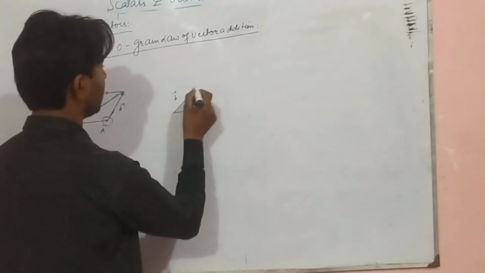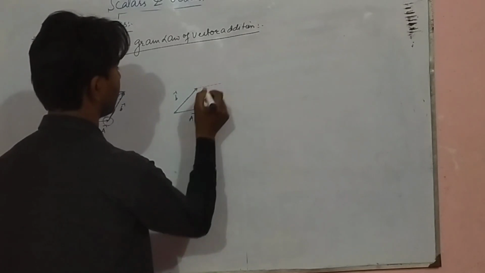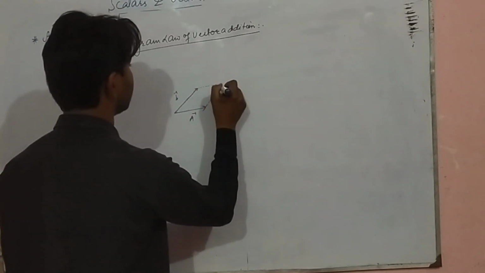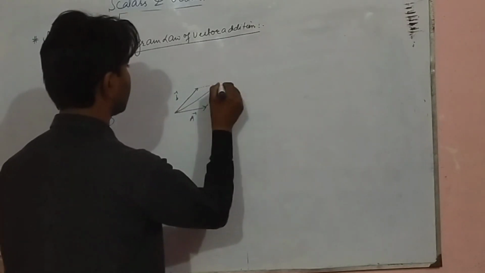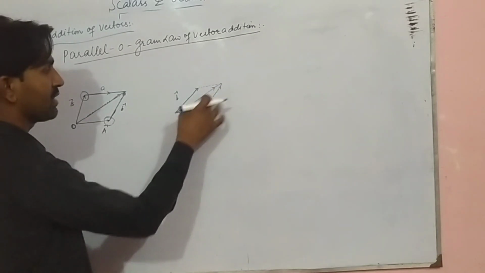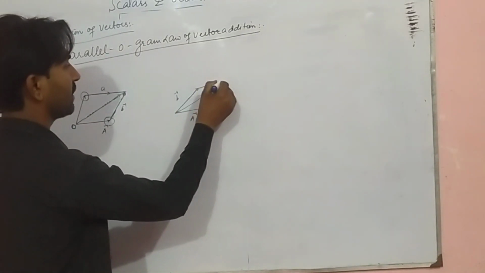We draw a parallel to vector A, and this is B, and this will be the resultant. The resultant here is the diagonal. So this is the parallelogram law of vector addition.